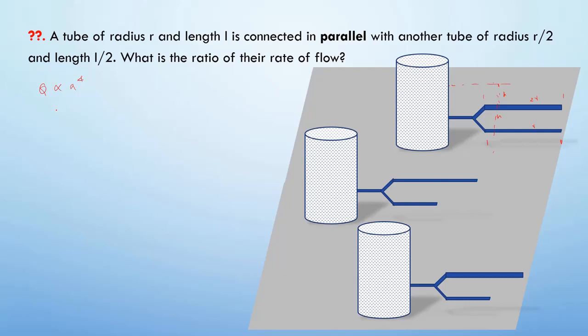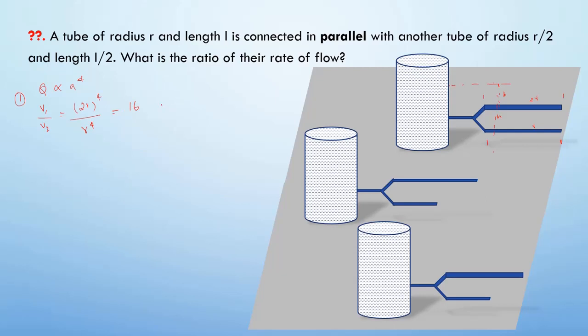So for the first case it is a to the power 4, because all the others are constant. So let's see, V1 by V2 will be equal to a1 to the power 4, that is 2r to the power 4 divided by r to the power 4. It is 2 to the power 4, that is 16.